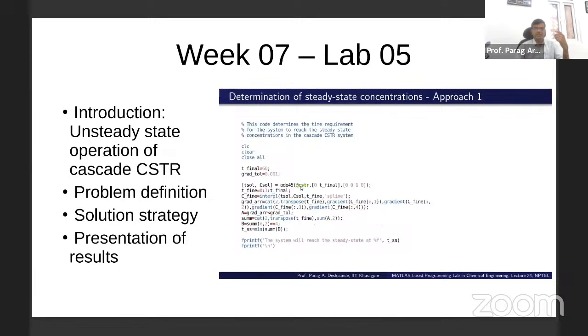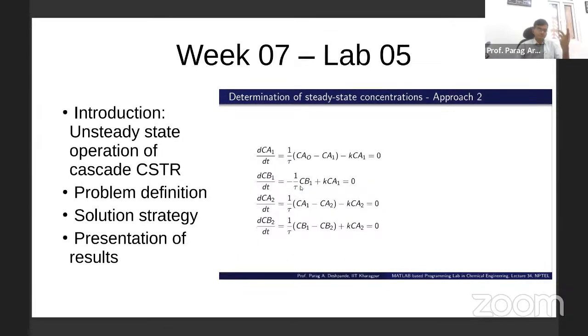In the second approach, here what you can do is you see here that dCA1 by dt is equal to f of CA1 and so on. This must become 0 at steady state. Similarly, dCB1 by dt must become 0 at steady state and so on.